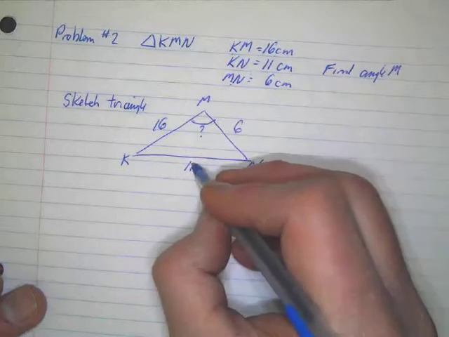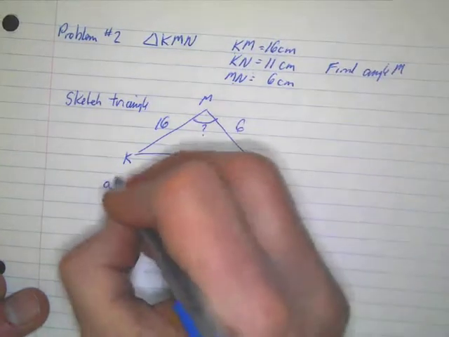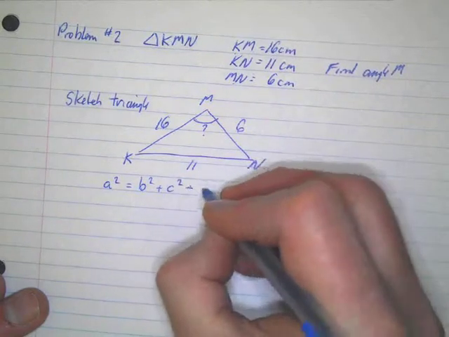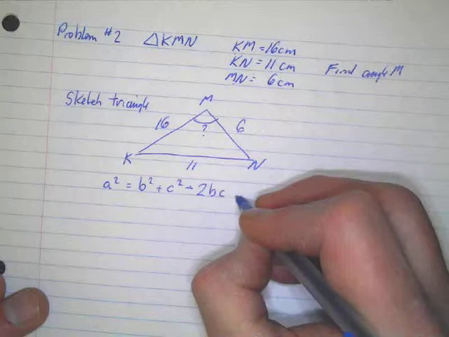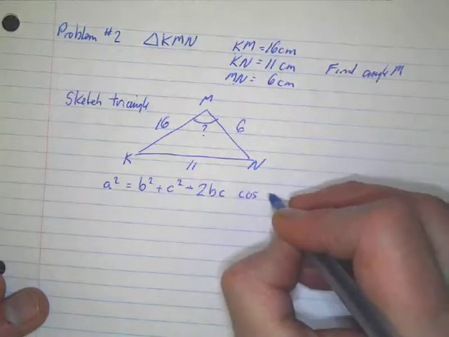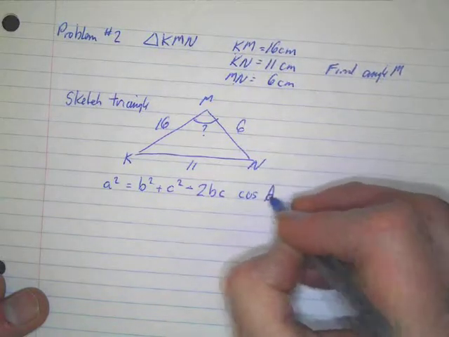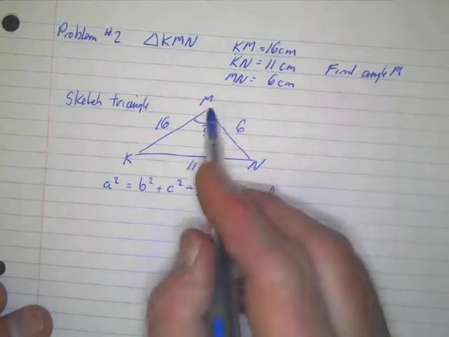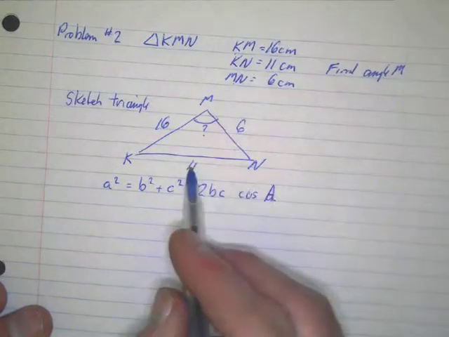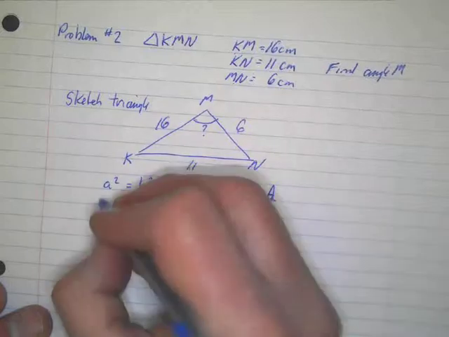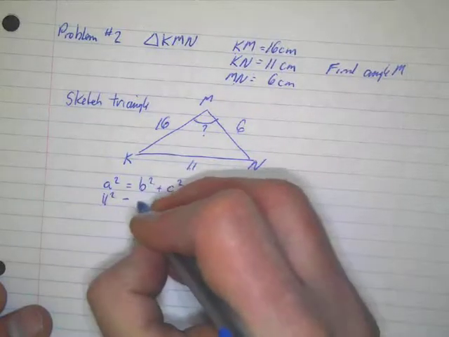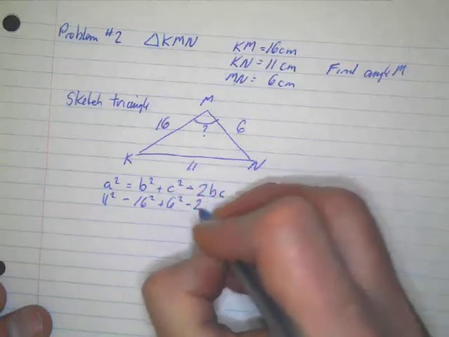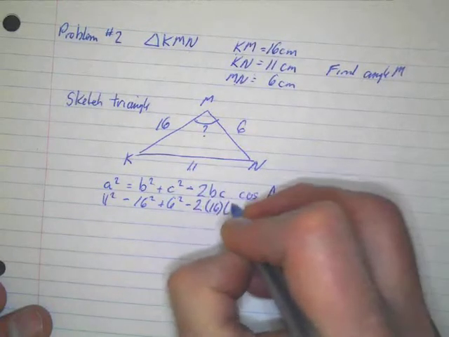So that means I'm going to play with A squared is equal to B squared plus C squared minus 2 times B times C times cos A. So A squared, because I had to find this, then I'm going to substitute A in for 11, so it's going to be 11 squared is equal to 16 squared plus 6 squared minus 2 times 16 times 6.